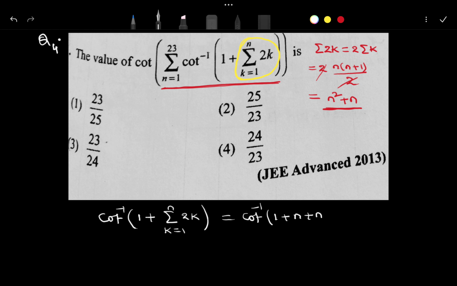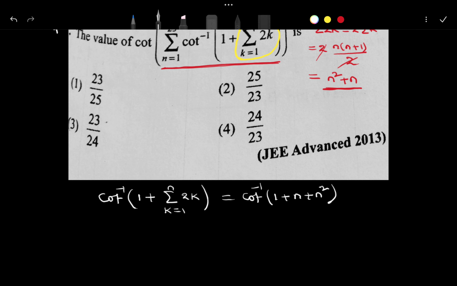Now by using the fundamental formula, cot inverse x equals tan inverse of 1 by x, you can write this value as tan inverse of 1 whole divided by 1 plus n square plus n. So n plus n square, you can write as n into n plus 1. I hope this one is clear.